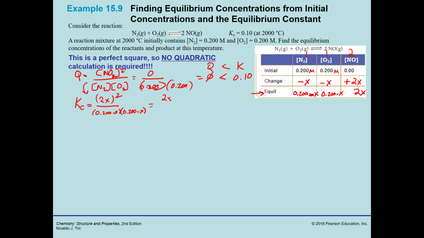So it's 2X squared divided by 0.20 minus X squared equals Kc, which was 0.10.